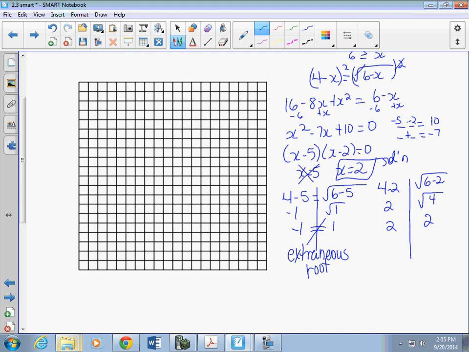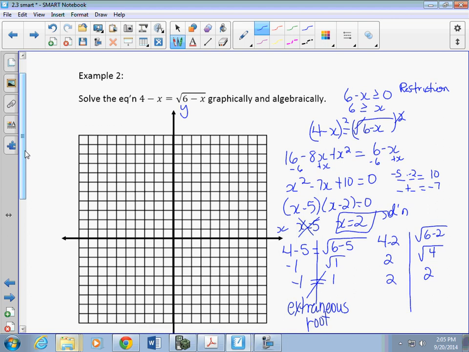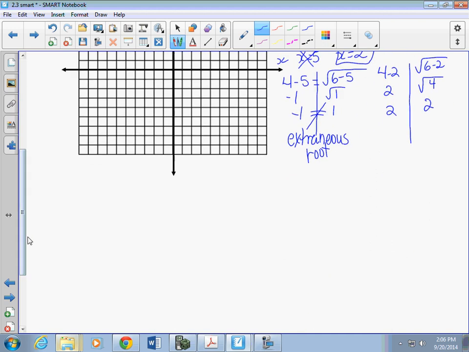If I want to do this graphically, what I do then is I look at my equation. So I've got basically 2 equations here, equation 1 and equation 2. My y1 is equal to 4 minus x. So that means my slope is negative 1 and my y-intercept is equal to 4.